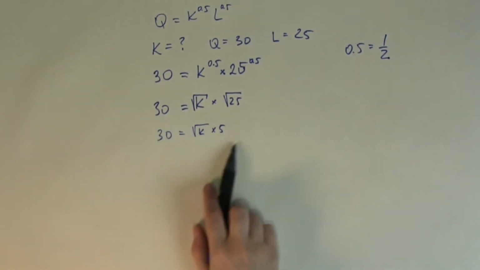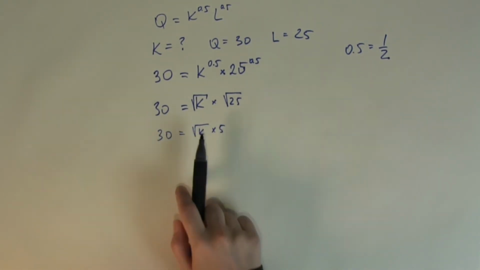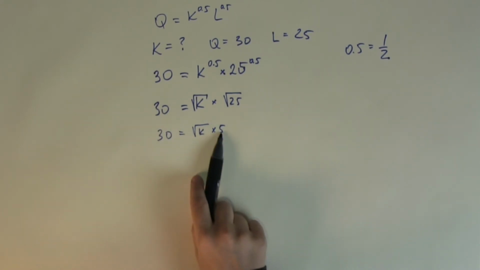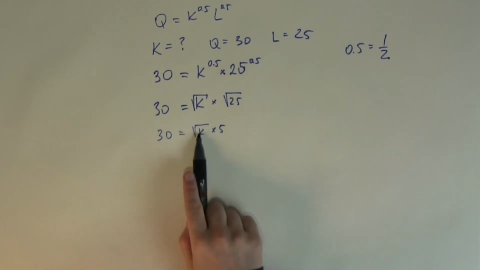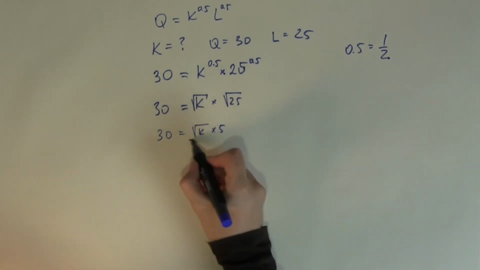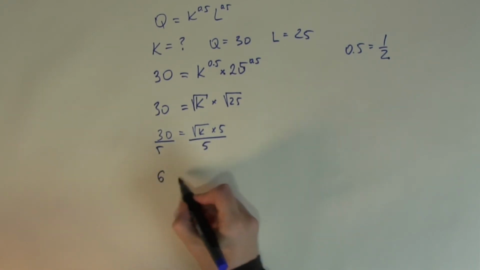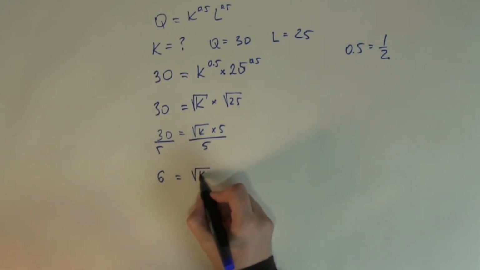Now what I want to do in here is identify K. I'm not interested in root K times 5. My final goal is to get to K. So I need to divide both sides by 5. So I end up with 6 being equal to root K.